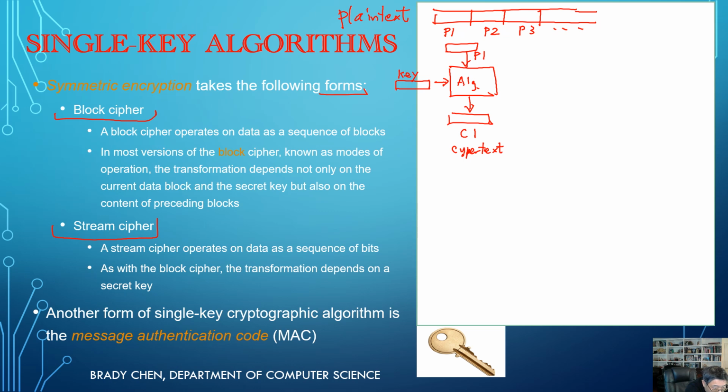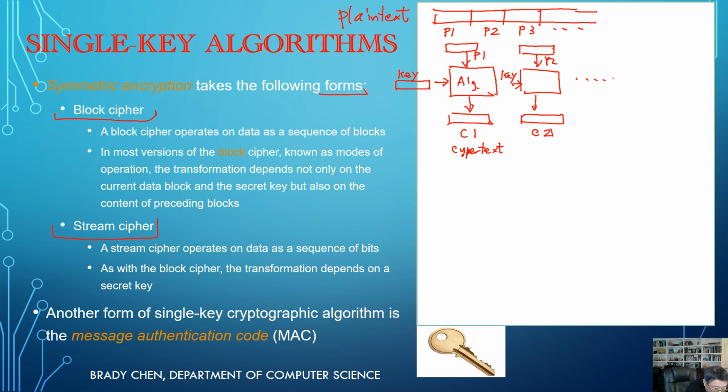Next, you take the second block P2, mix it with the same key, and generate C2. And then we continue to do this.